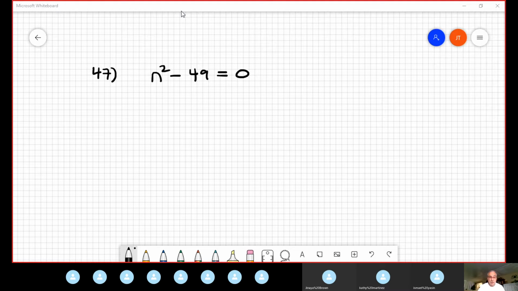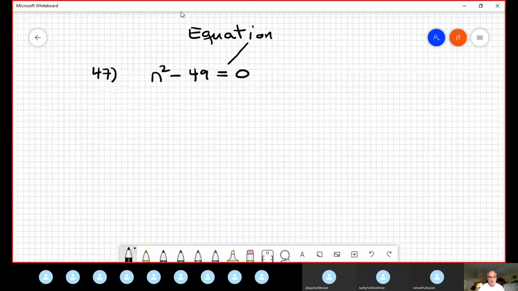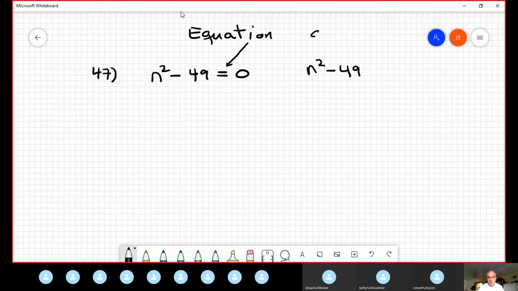We have equation. How do you know this equation? What is the clue? Okay, give me information. Okay, this is equation. It's equation because we have equal sign. Suppose I write like that. This is no equation. This is expression.